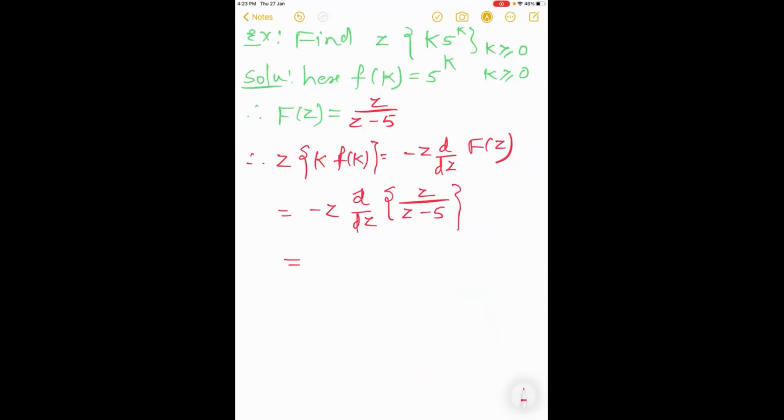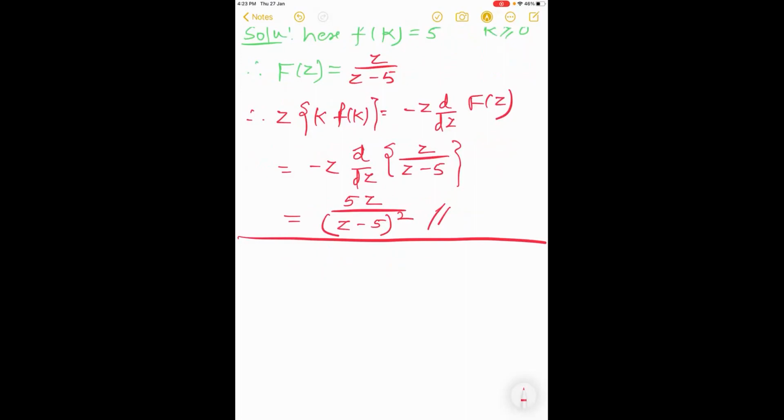All of you are getting it? The final answer is coming out as 5z upon (z minus 5) whole square. No difficulty with this differentiation, right?